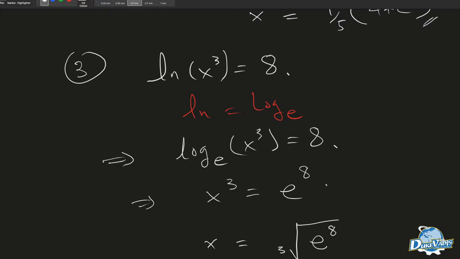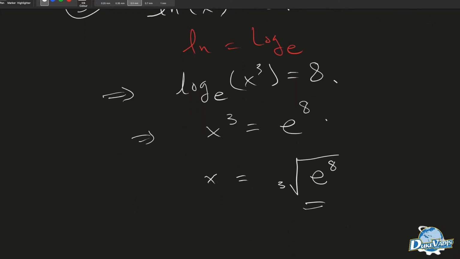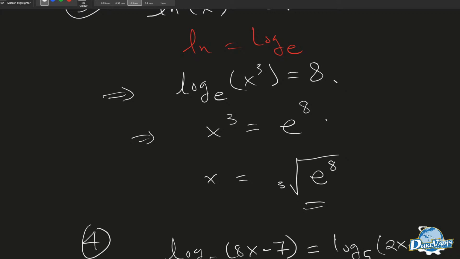Well, it's looking very interesting that we have a pool of logarithms making the day very interesting. Let's tackle our next one. As you can see over here, question 4 says we have log to base 5 of 8x minus 7 is equal to log to the base 5 of 2x plus 13.